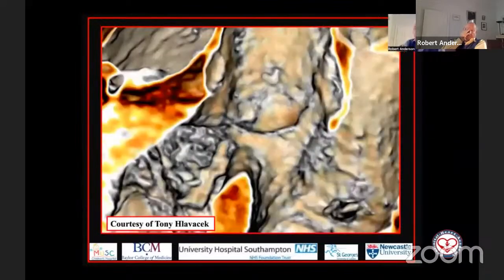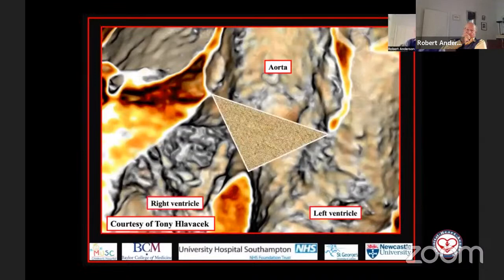And so, tetralogy of Fallot is the intermediate stage here, and I can illustrate that again using one of Tony Lavercheck's wonderful computed tomograms. So now you're looking at the aorta, left ventricle, the right ventricle, and again I'm going to create a triangle of space beneath the circumference of the aortic root.